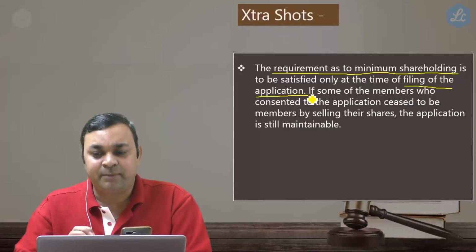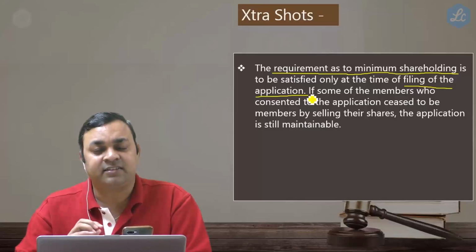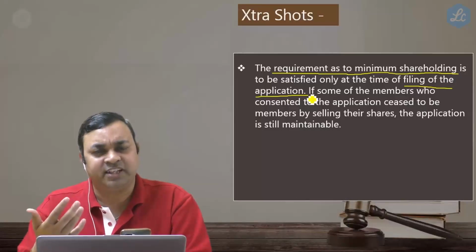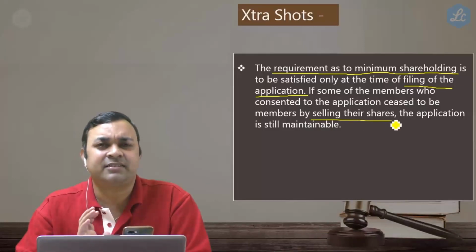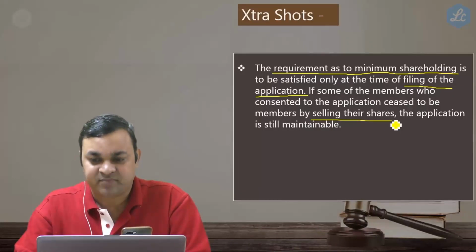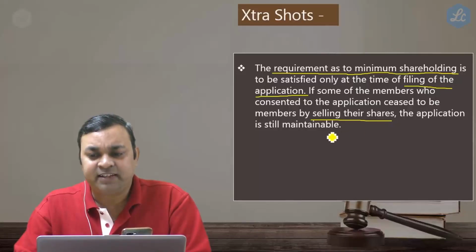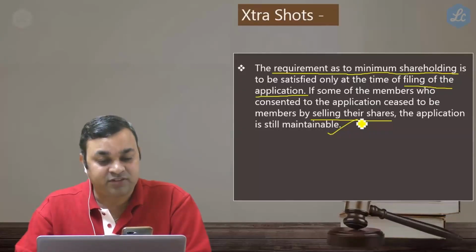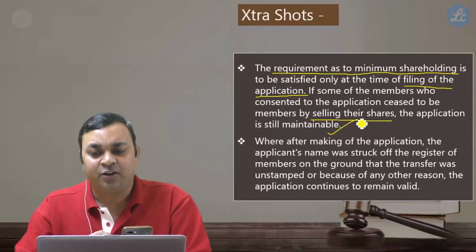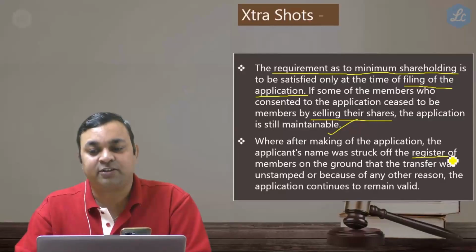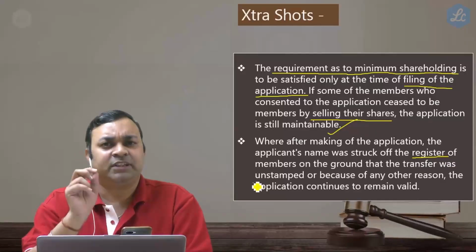If some of the members who consented to the application cease to be members, meaning they sold their shares to another person, then too your application is still maintainable. Where after making the application, the applicant's name was struck from the register of members, in the second point, on the ground that the transfer was made unstamped or because of any other reason, still your application is valid.